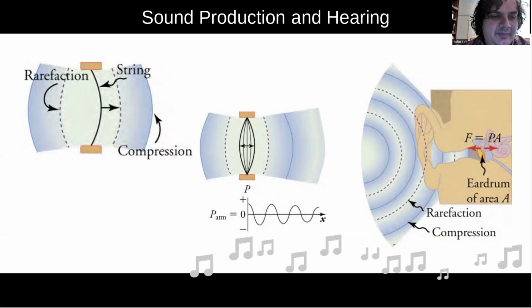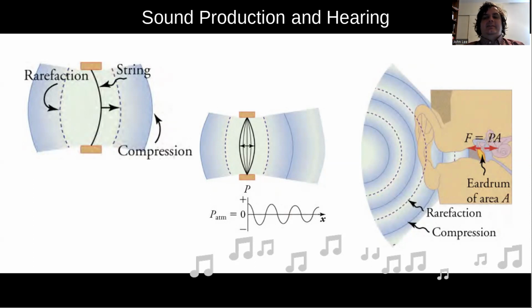So every time the vibrating string, the guitar string, the piano string, our vocal cords vibrate, going back and forth and back and forth, it's going to cause a wave in the form of the pressure at a given distance away from the string.